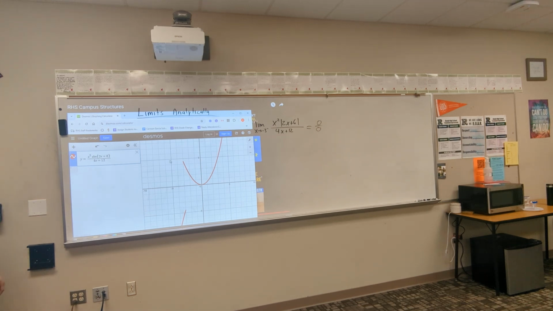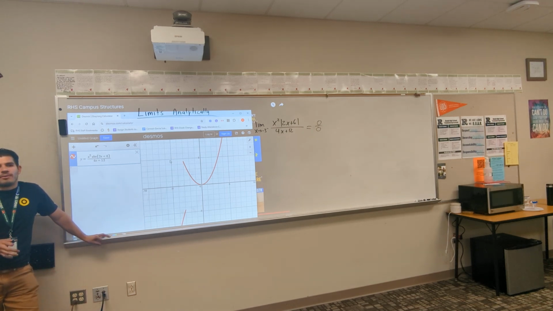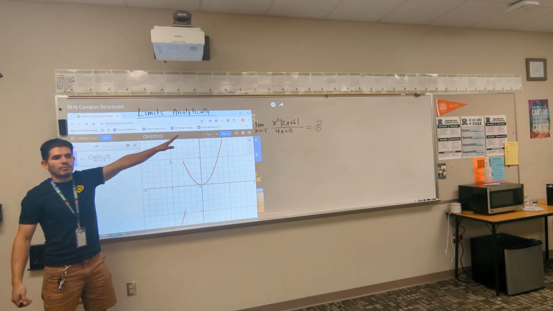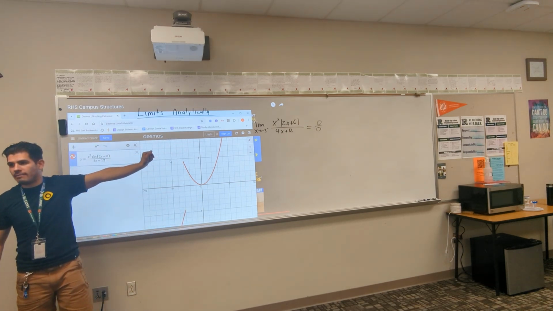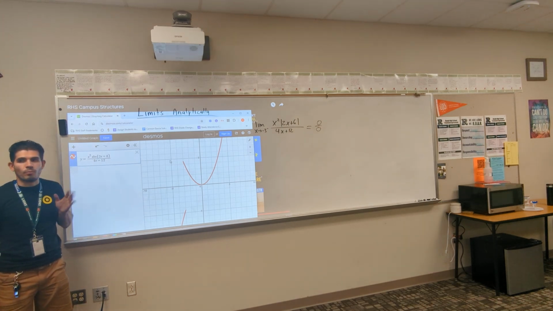I have a jump discontinuity, which we have discussed. Through the algebra, based on our experience, we should have been expecting a hole, right? Now visually, you can see that because it's from the left, I am going to have an answer, right? If I didn't have from the left, would I even have an answer? No.